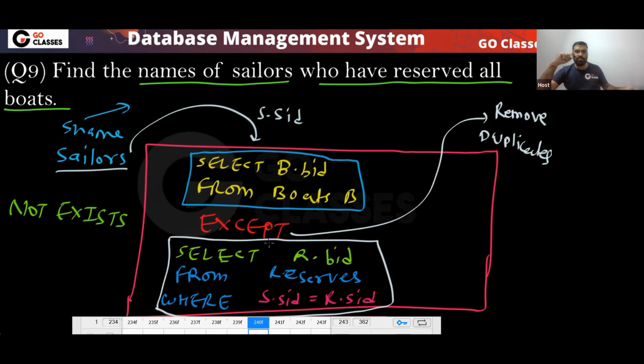Can I write the same query without EXCEPT? If I don't want to use the EXCEPT word, then can I write the same query? So what you need to do? You can send the BID inside.